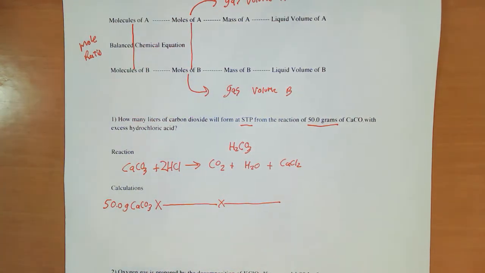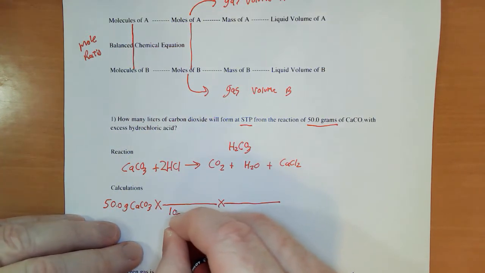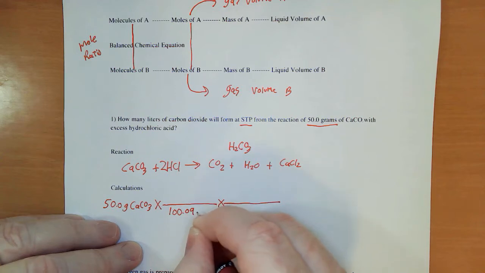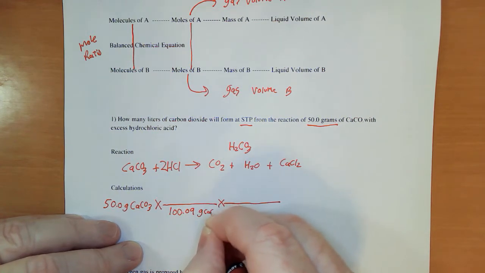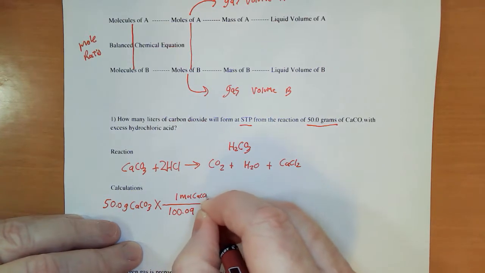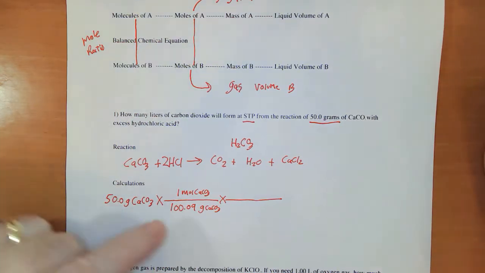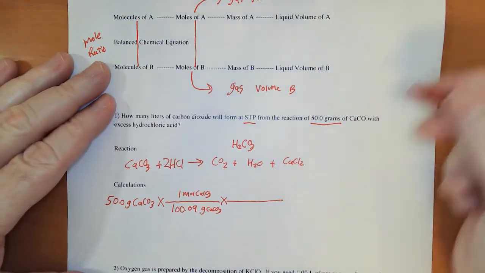Now, I've got to tell you, this is really one of my favorite compounds for math problems because its molar mass is 100.09 grams of CaCO3 for 1 mole of CaCO3. So the math gets really easy. And since we're only 3 sig figs over here, I don't really even care about the 0.09.